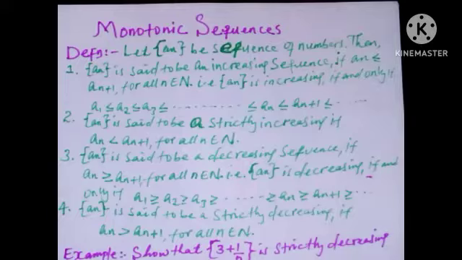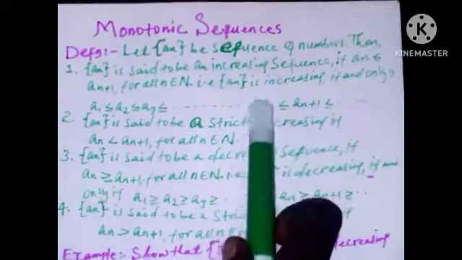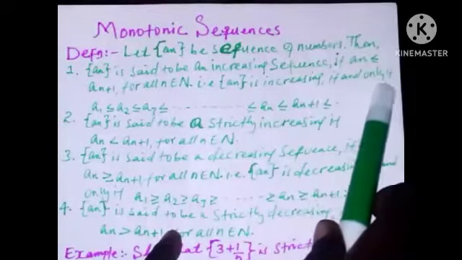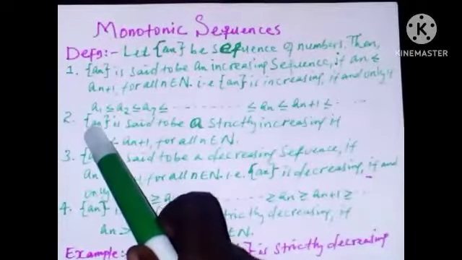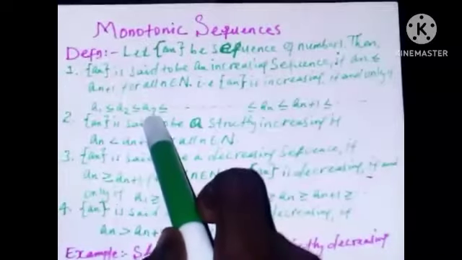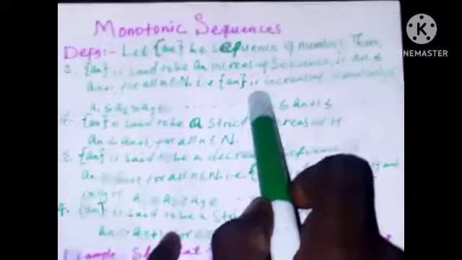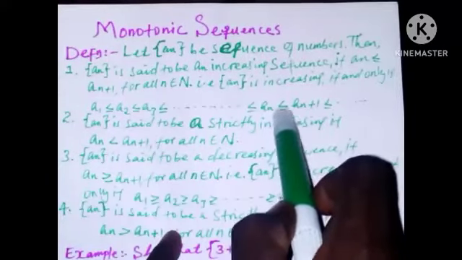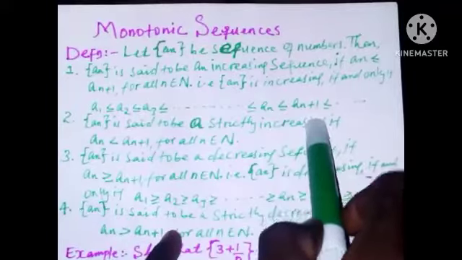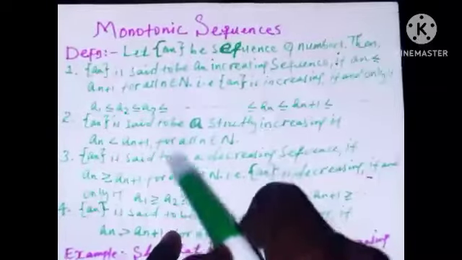That is, a_n is increasing if and only if a_1 is less than or equal to a_2, a_2 is less than or equal to a_3, a_3 is less than or equal to a_4, up to a_n less than or equal to a_(n+1). When we talk about monotonic sequences, we follow these four rules.